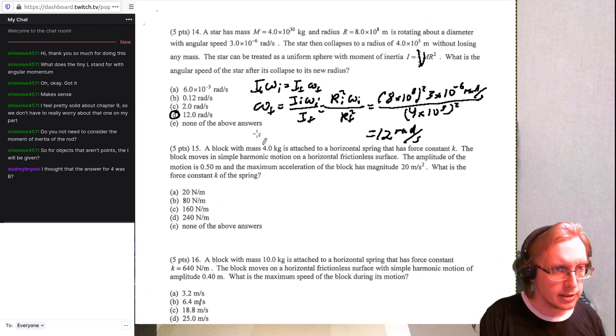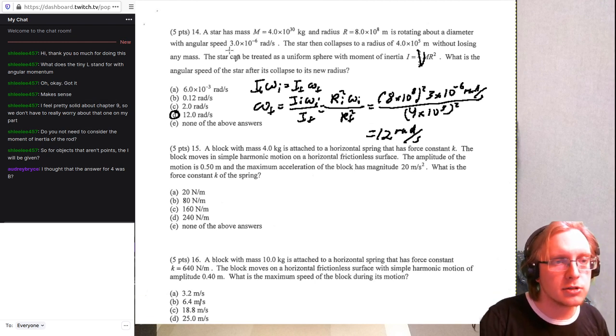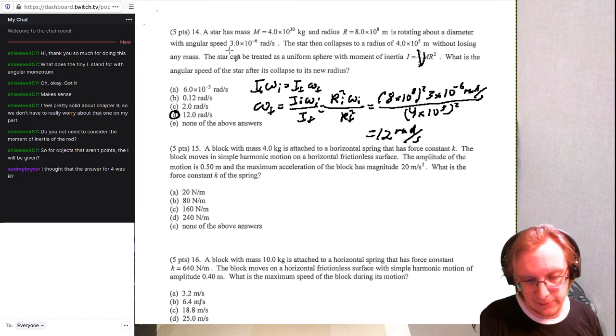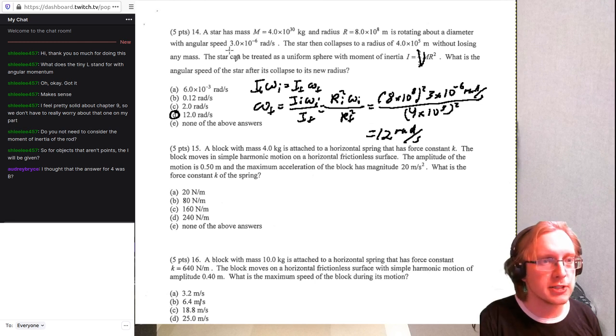Just out of curiosity, let's see here. 12 rads per second times 4e5. So that's 4.8 million meters per second at the equator.